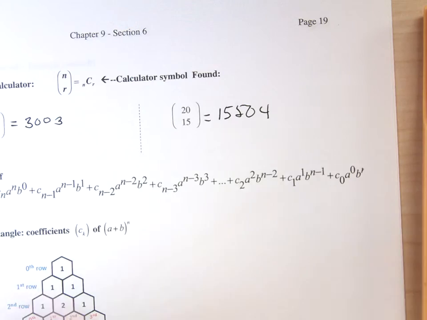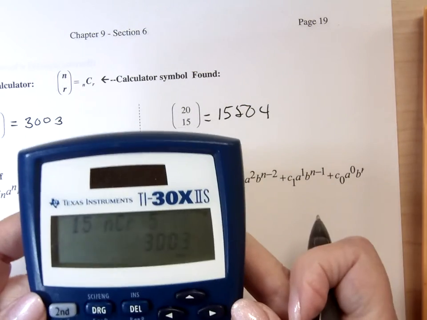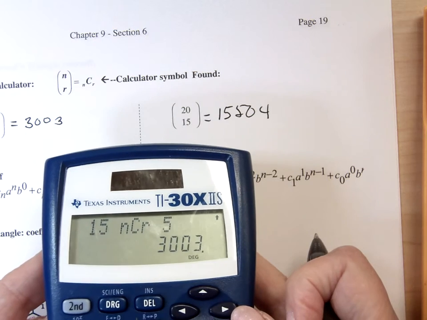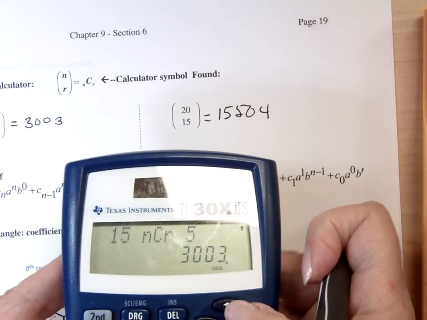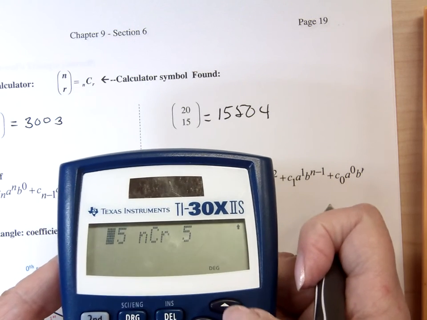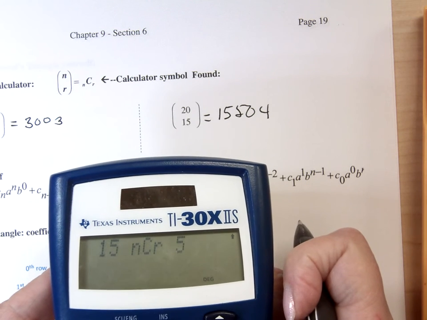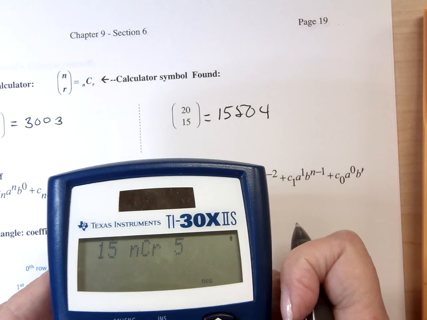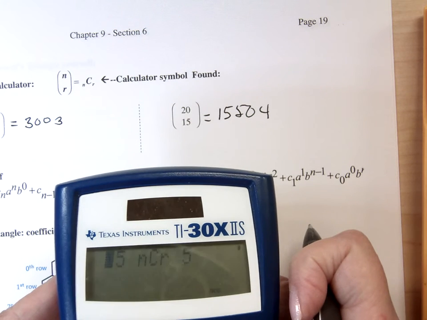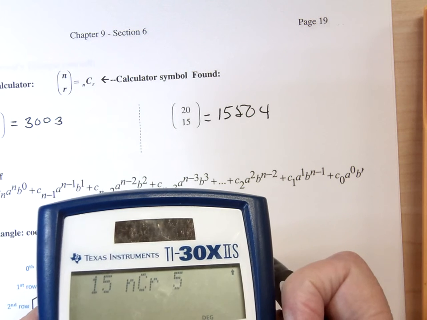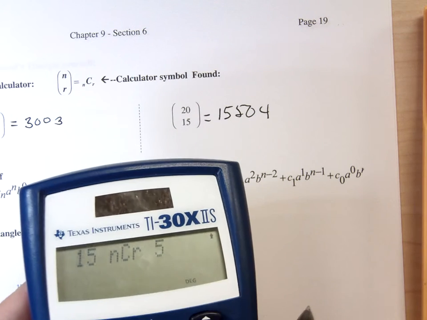Now for those of you with this one, and it's not too well backlit, that was the problem with this, oh, there we go. I can press the up arrow, and it brings that formula back. So it has a stack just like the color calculators do. And then you can just change that from 15 to 20.